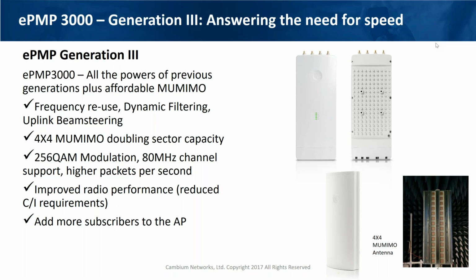With that frequency reuse and GPS sync, we also brought quite a bit of consistency and reliability and performance, higher number of subscribers, quality of service, a whole bunch of things. But fundamentally, the story around generation 1 was to make sure that we address the topic of self-interference.